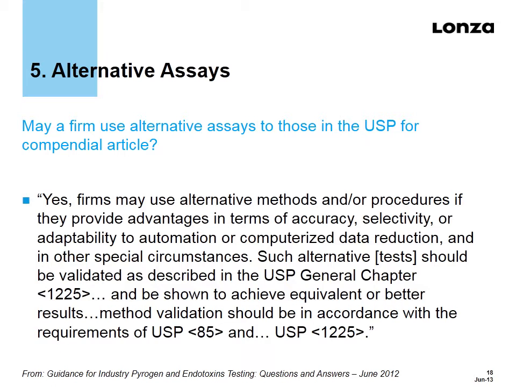Such alternative tests should be validated as described in the USP General Chapter 1225, Validation of Compendial Methods, and be shown to achieve equivalent or better results. Validation should be in accordance with the requirements of USP 85 and of USP Chapter 1225.